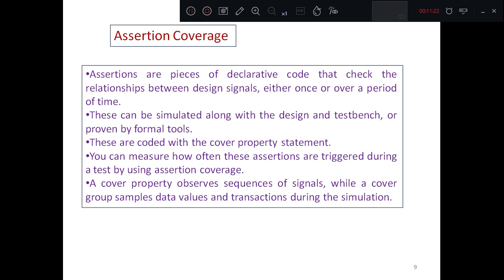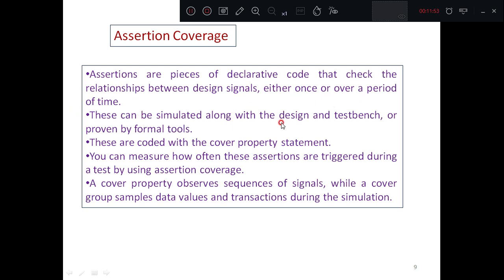Now what is assertion coverage? We have studied what an assertion is. Basically, an assertion is simply a check against the specification or property of the design. These assertions are also to be covered, and that is known as assertion coverage. Assertions are pieces of declarative code that check the relationship between design signals either once or over a period of time.